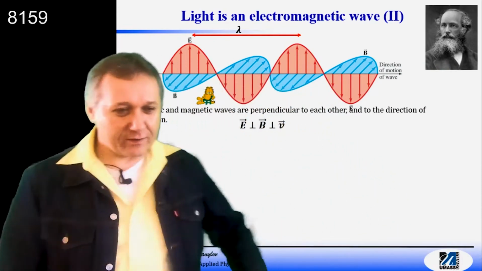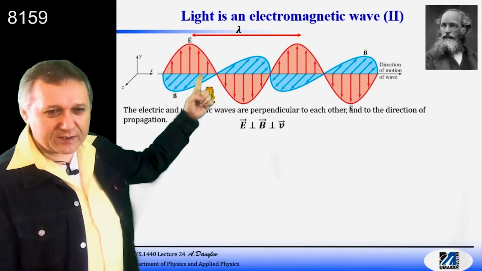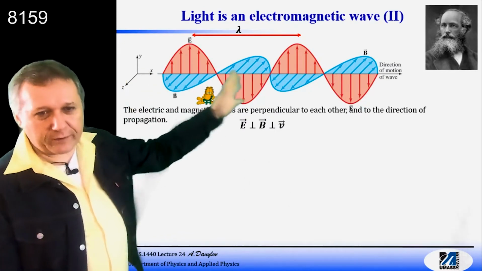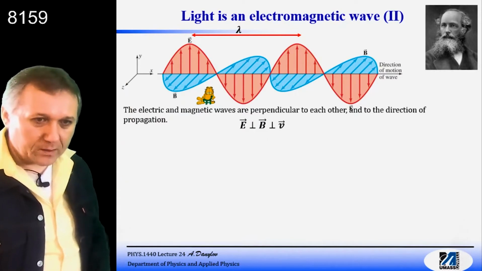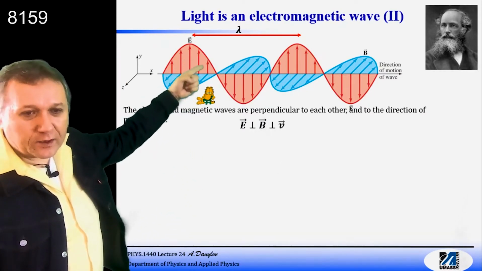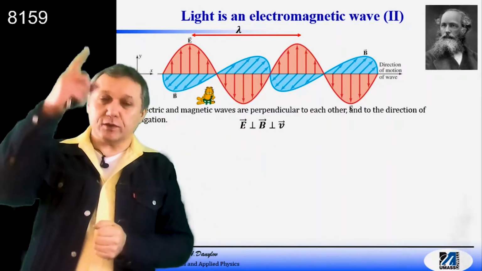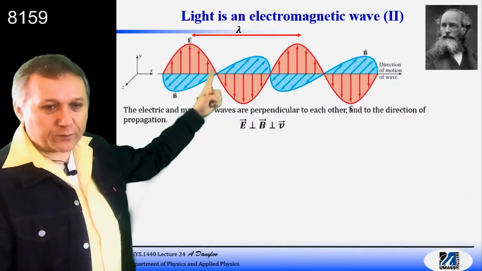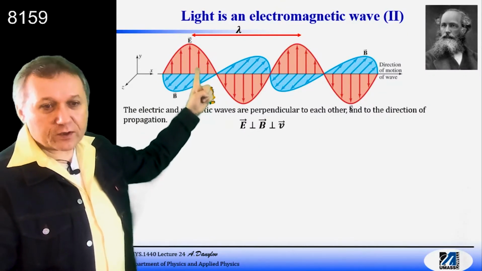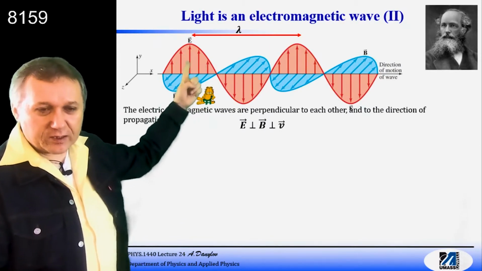Okay, I put this graphic here on purpose. So imagine yourself, for example, sitting here at this point and the electromagnetic wave passing you by. So you're sitting here, and first let's look at what happens to the electric field. You see first it was at this point small, then it will get stronger and stronger up to this point, and then it becomes weaker.